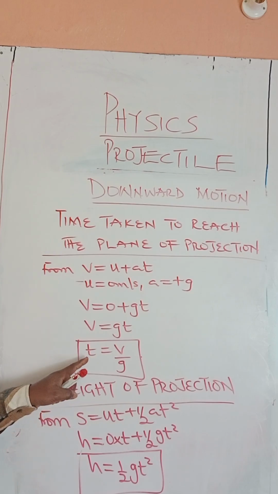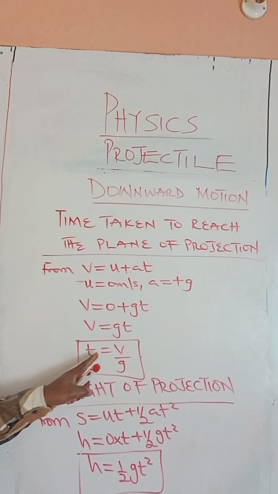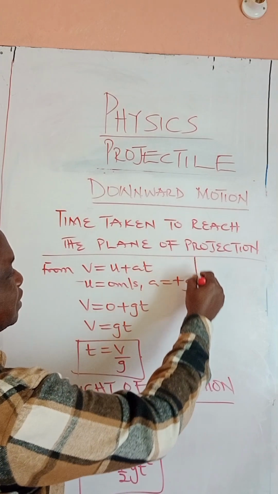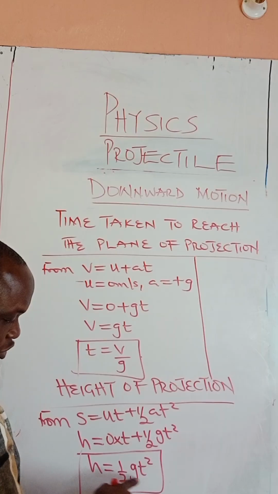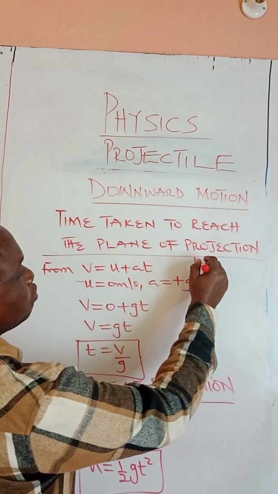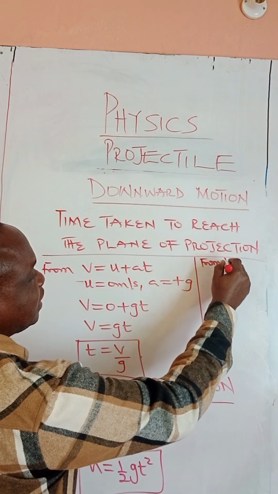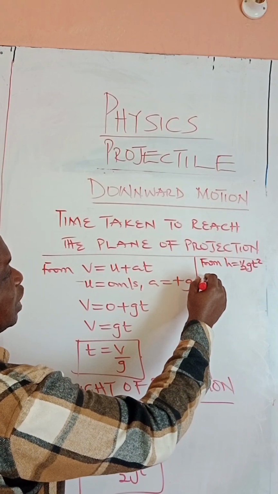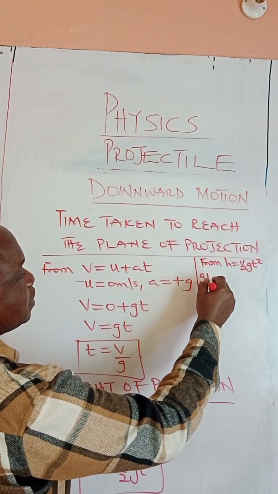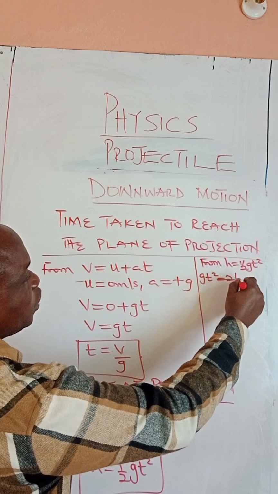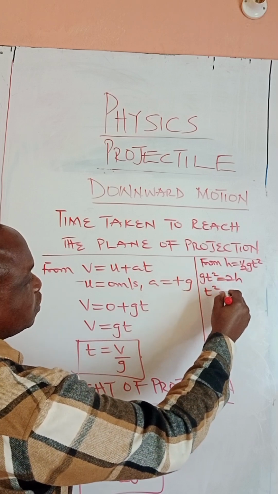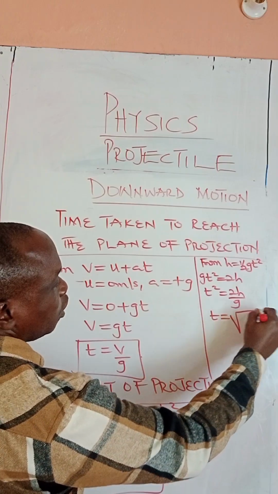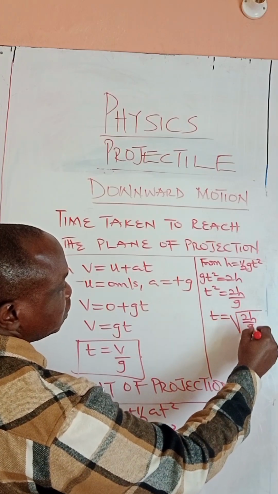So let's go back to time. There are two formulas you need to take note of, V over g, and another formula by making t the subject of the formula. From h is equal to half gt squared, I can say that gt squared is equal to 2h. t squared is equal to 2h over g. t is equal to the square root of 2h over g.